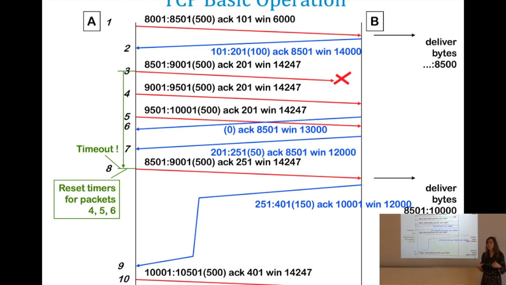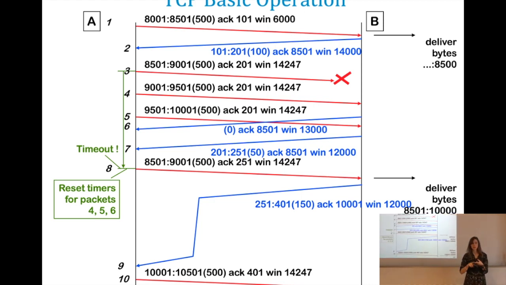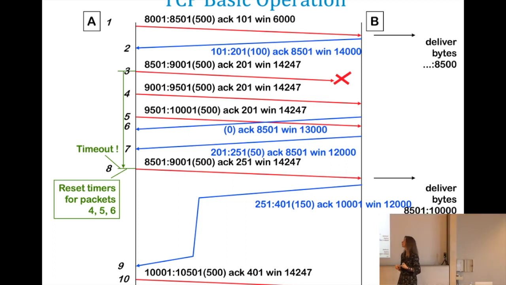So this is one way of noticing that something's lost, and A will know that he has to retransmit something. But there is also a second way: each time A sends a message, he sets a timer, within which he expects to receive an acknowledgement for this packet.